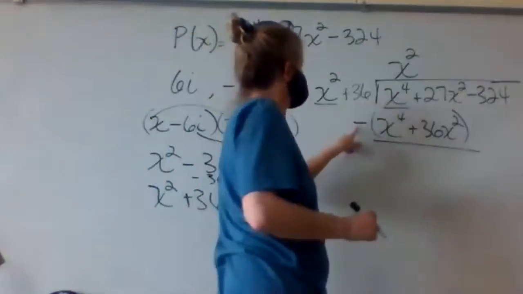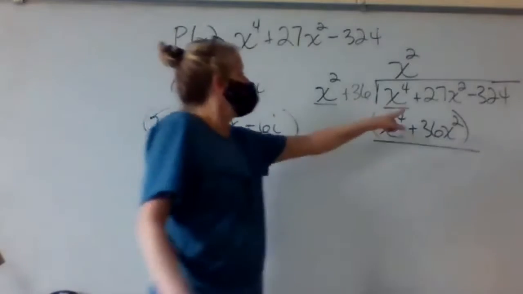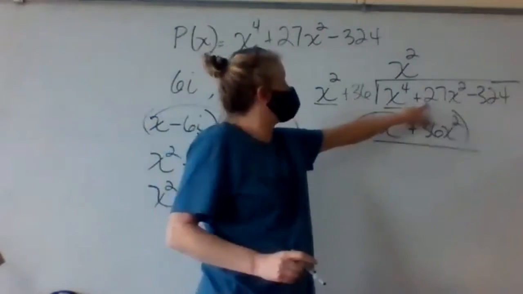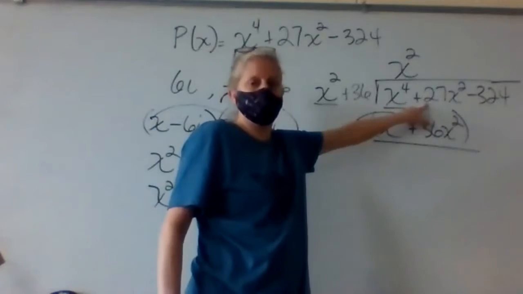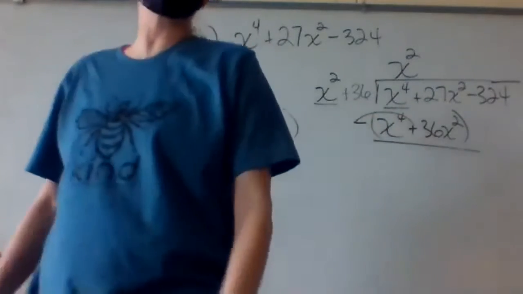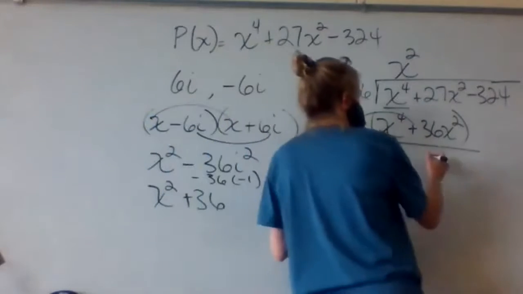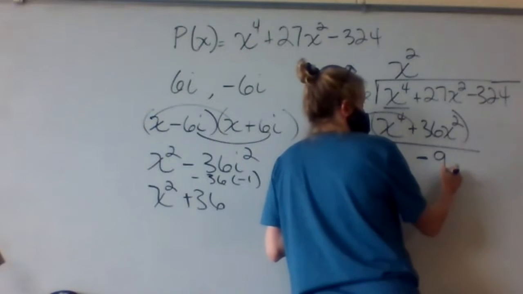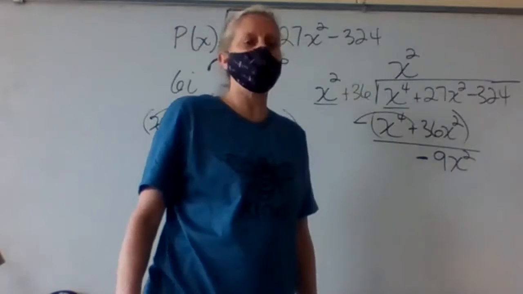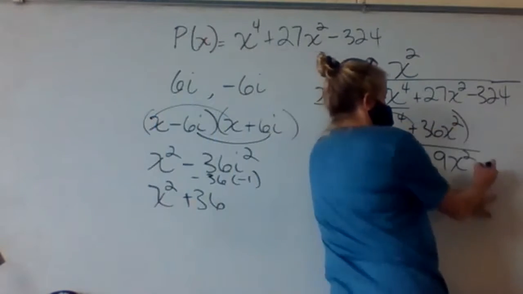Because what's x to the fourth minus x to the fourth? 0, nothing. Since I'm subtracting, this really says 27x squared minus 36x squared. So what's 27 minus 36? Negative 9x squared. This comes down.